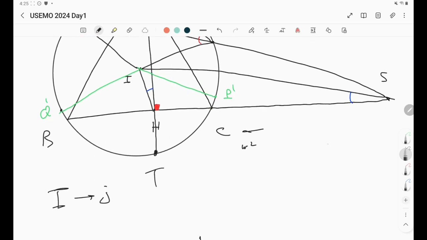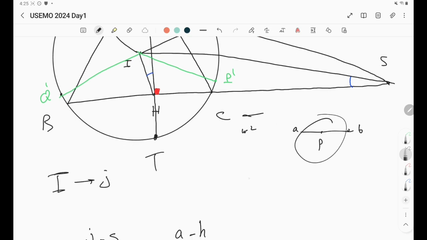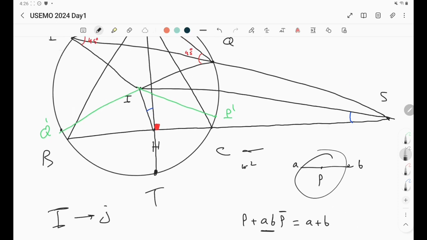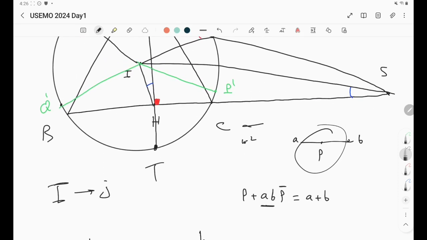The formula we'll be using is the following: if you have a chord AB and some point P on it, then P plus AB times the conjugate of P is equal to A plus B. Basically we'll be doing this, but choosing A and B to be P and P prime, and this point is going to be J.